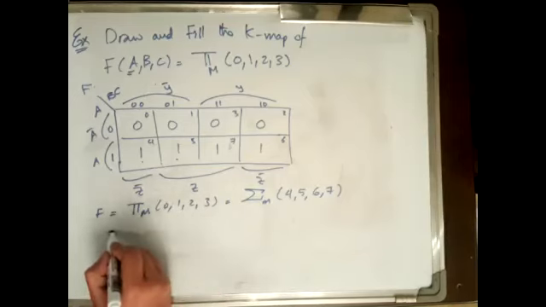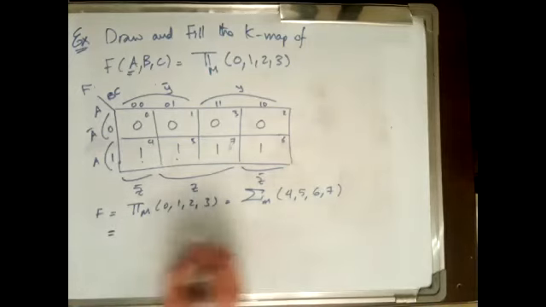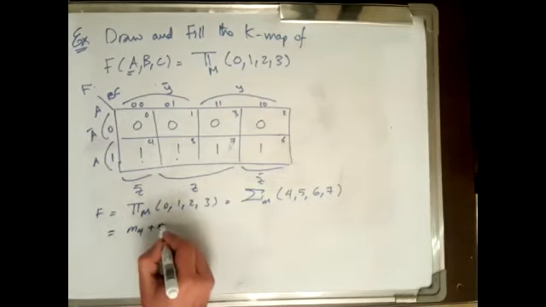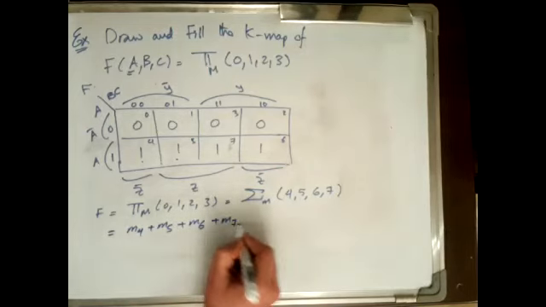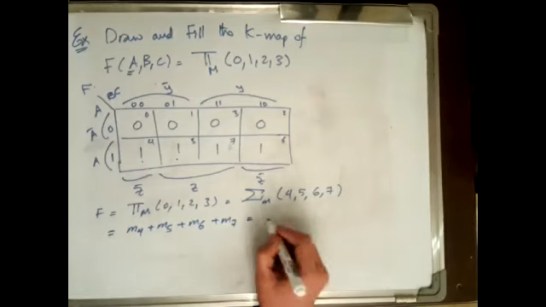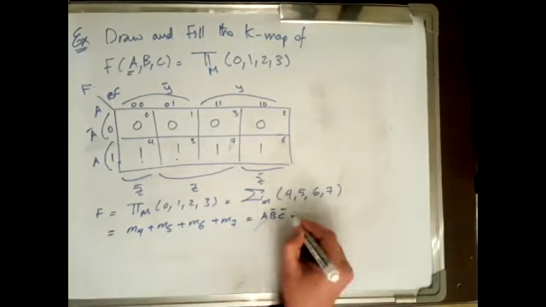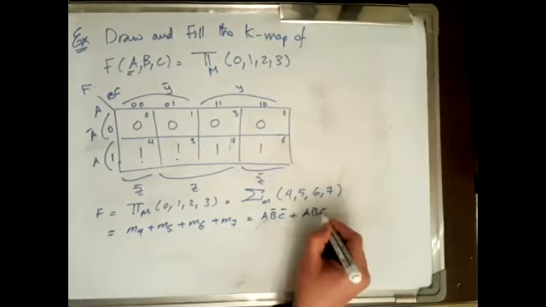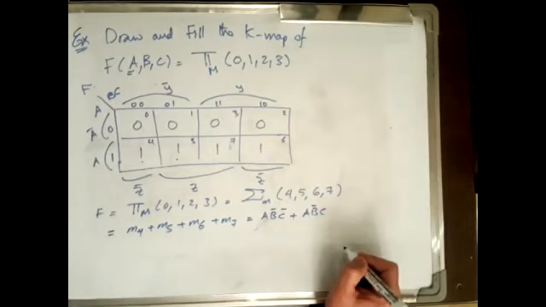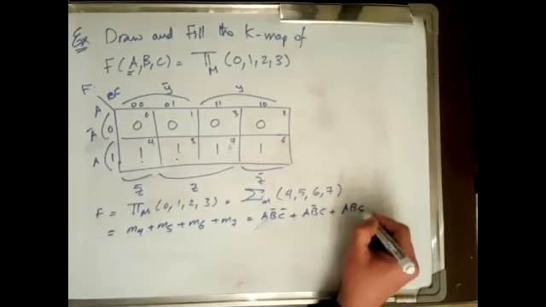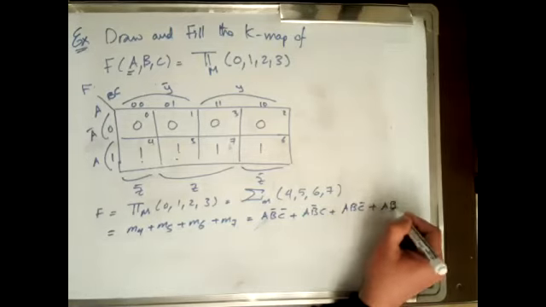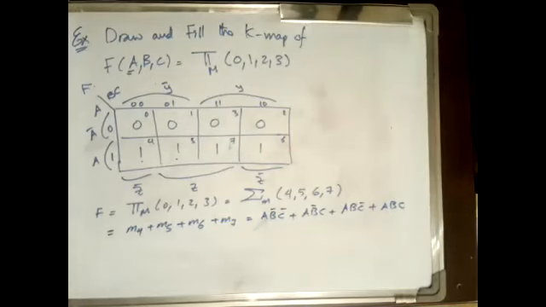product of sums. So if I take this, it is min term 4, min term 5, min term 6, and min term 7. If I write it as a logic expression, min term 4 is A, B bar, C bar, or A, B bar, C for min term 5, or min term 6, which is A, B, C bar, min term 7, A, B, C. So this is the sum of min terms.